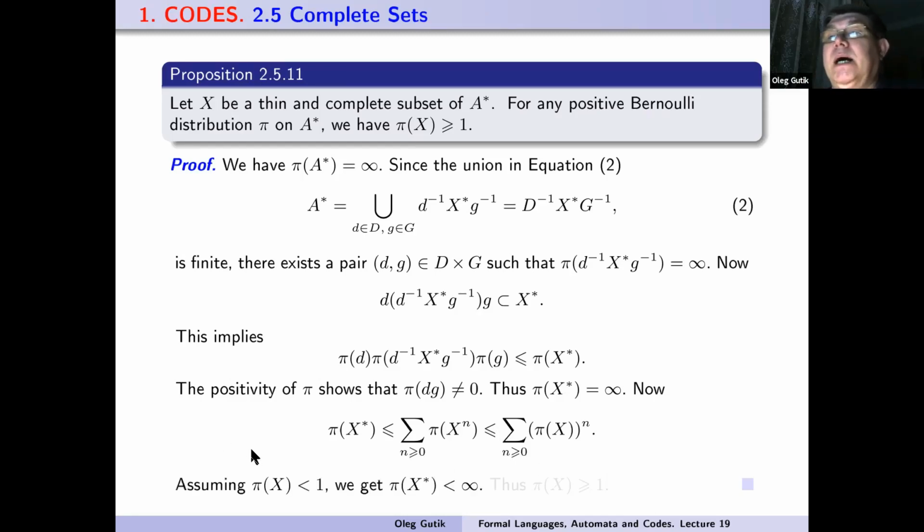Assuming pi of X is less than 1, we get that pi of X* is less than infinity. Therefore, pi of X is greater or equal to 1. This completes the proof.